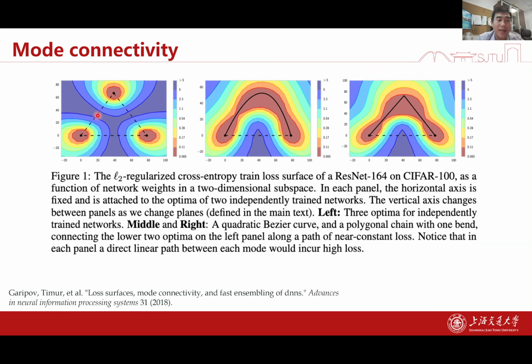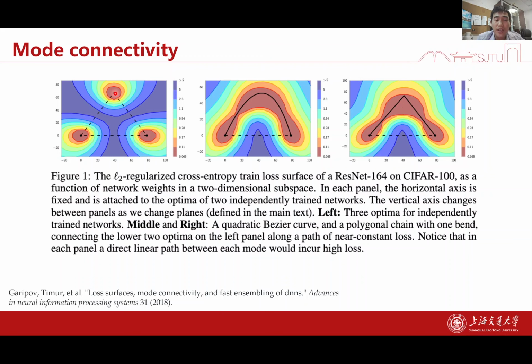Here are three global minima they found in an experiment on a ResNet-164 on CIFAR-100. If you simply connect any two minima, you can see the loss will increase at some middle stage and then decrease again to the other minimum.